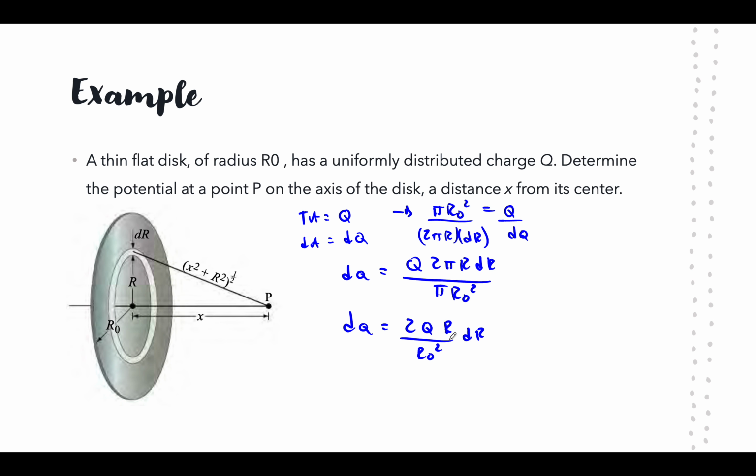Now that I have an expression for dq, I can find my potential. I know that potential is equal to the integral of k dq over r, which is going to be equal to k times the integral of dq over r, which is x squared plus r squared to the 1/2.